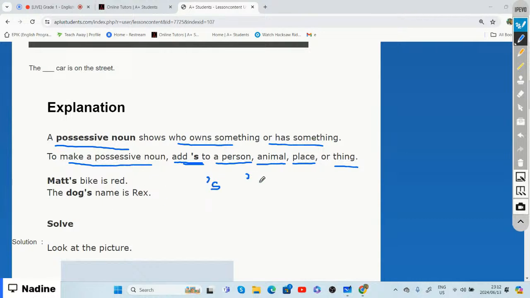An apostrophe and an S. That is what we put there. So we say Matt's bike is red. So whose bike is red? Matt's bike is red. So now we know who owns the bike, or who it belongs to.